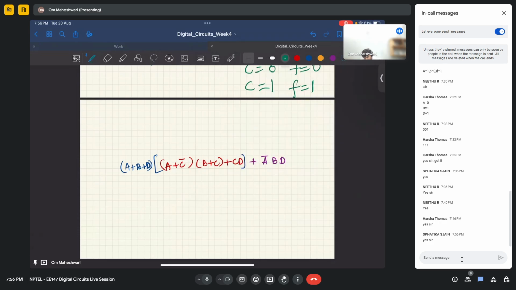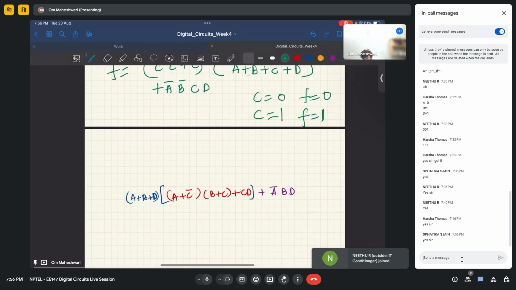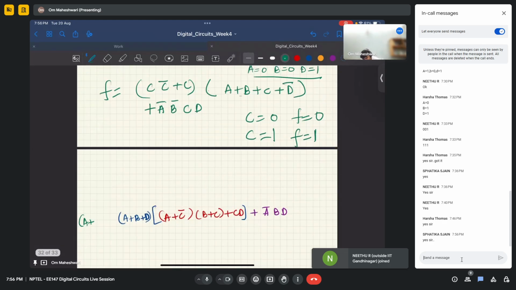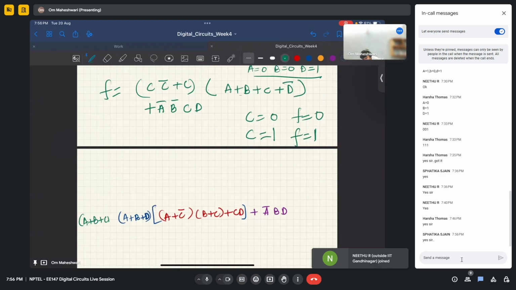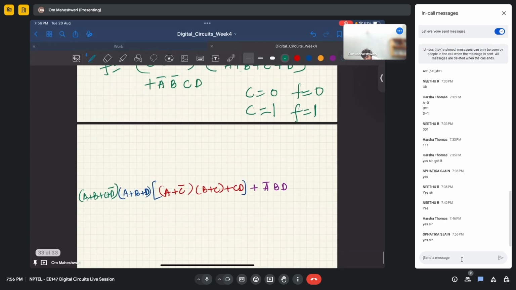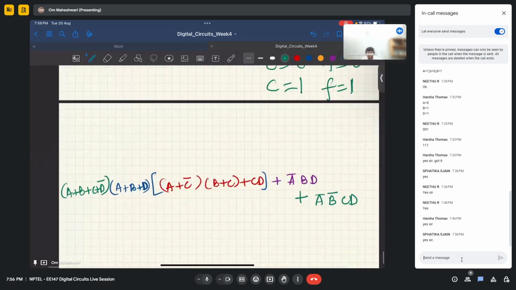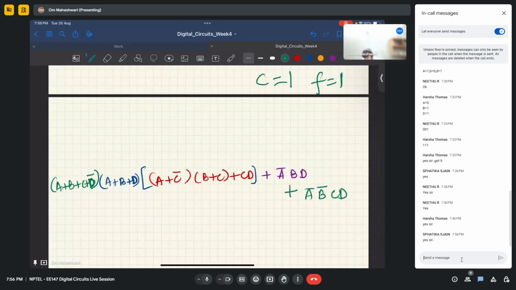We have added, multiplied another term, a plus b plus c plus d bar, added another term, a bar b bar c d. Now this expression has become hazard free. This removes static 0, this removes static 1, these two remove dynamic.